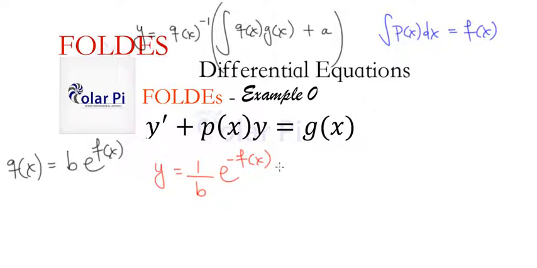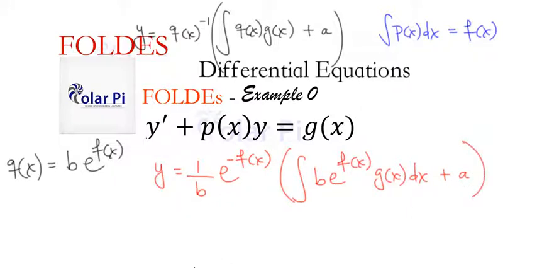And then we have that times the integral of q of x, which is again b e to the f of x, times g of x. g of x is given from the beginning, so nothing to find there. g of x dx, and then we have plus a here. Okay, cool. So we're almost at the finish line.